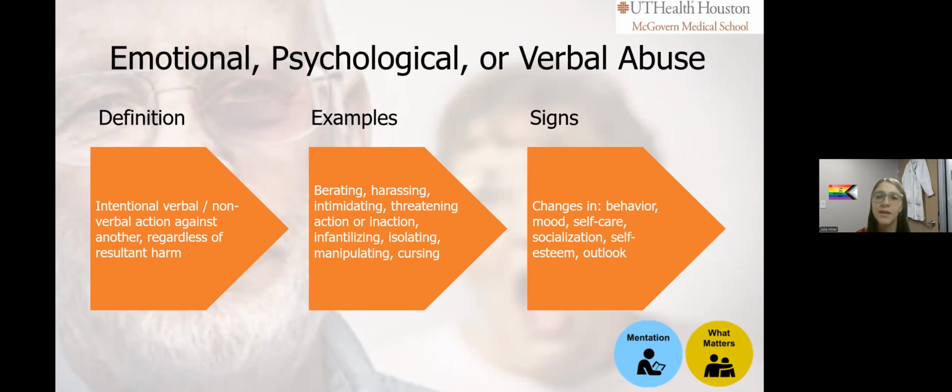Berating, harassing, all these things, but again, isolating and manipulating, being like, if you don't eat what I put in front of you, you don't get to see your daughter this afternoon. Like, no one has a right to say that to another adult. And of course, this can have significant impacts on their mentation, how they take care of themselves, how they feel about themselves, how they socialize, and as the circles indicate, what matters most to them, it can impact.